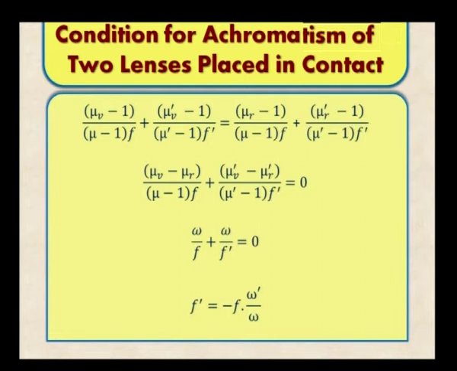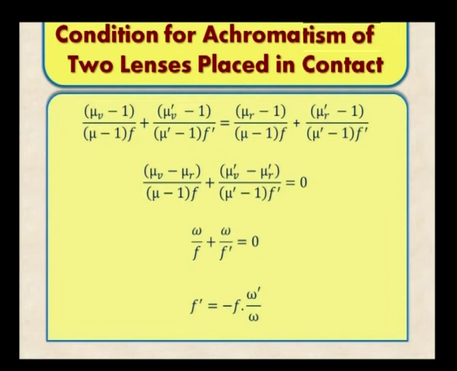So, what is your mu v minus mu r by mu minus 1? Nothing but the dispersive power of the first lens. You have two lenses now, omega is the dispersive power. How do you define the dispersive power? All of you know, in the case of a prism, the difference in the refractive indices, mu v minus mu r by mu minus 1, is known as the dispersive power of the material of the prism.